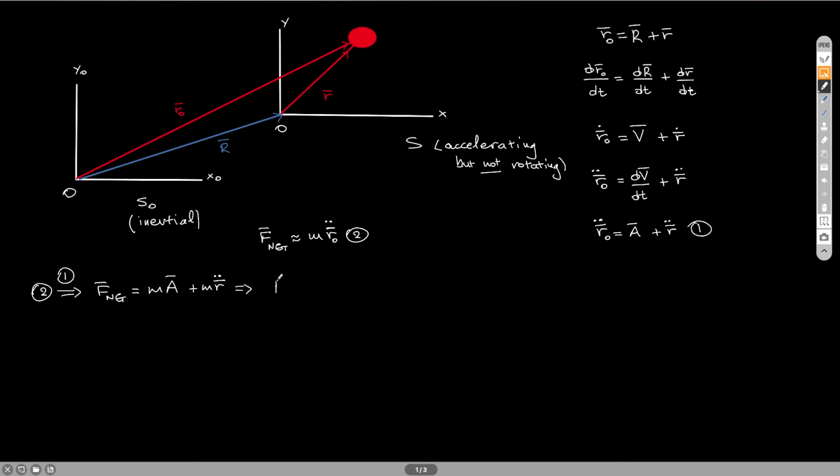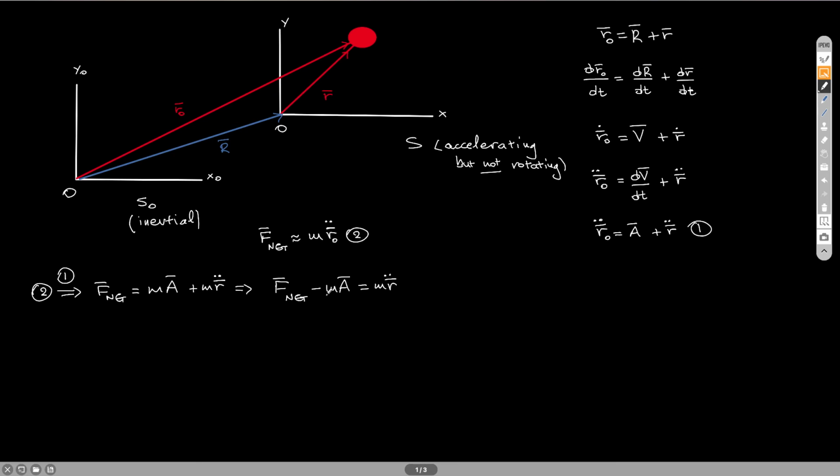And I'm going to rearrange these terms. I'll say F net minus the mass times the acceleration of the accelerating frame of reference equals m r double dot, the mass times the acceleration of the object with respect to the accelerating frame of reference.